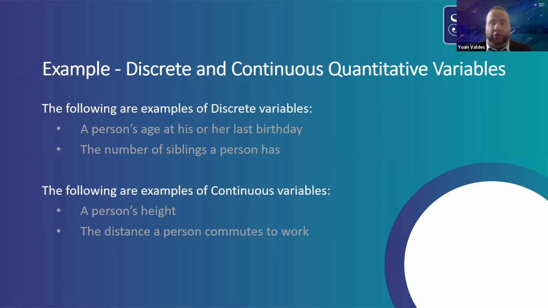It's a counting number, like 1, 2, 3, including zero. But this is something that you can't break down. And a continuous variable could be a rational number, could be a fraction, could be a decimal number, something that you can break down. Like, for example, the height of a person, 5.3, 5.10, right?